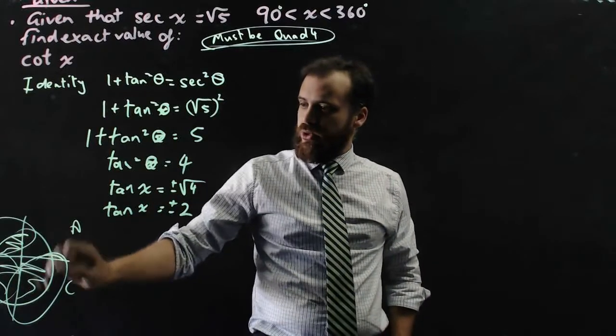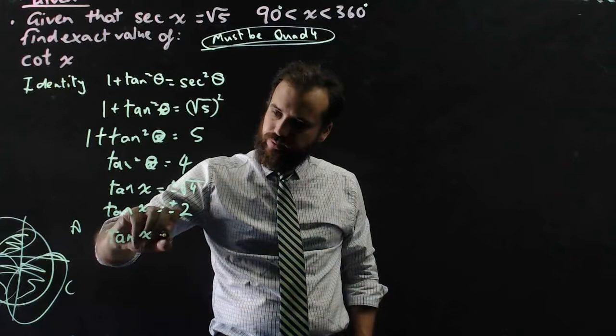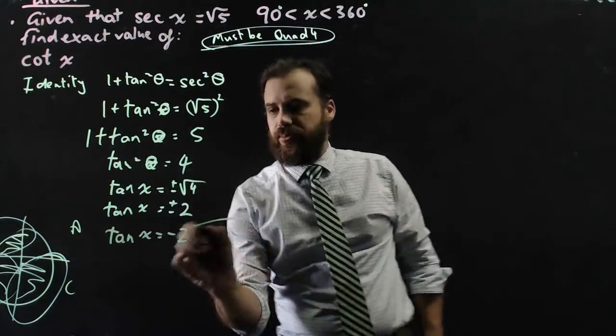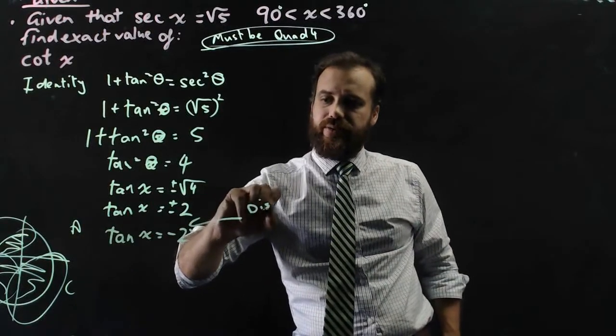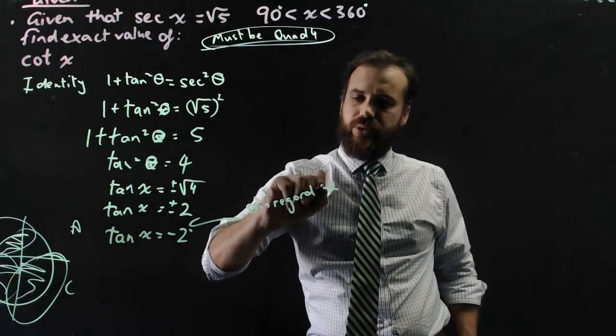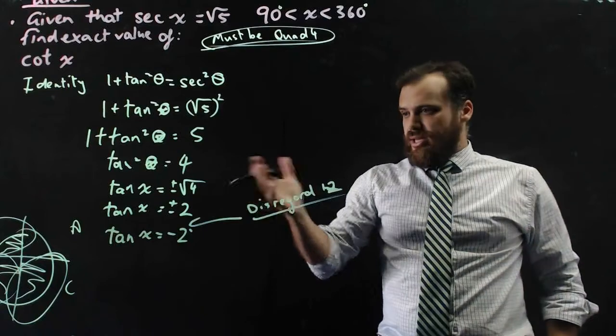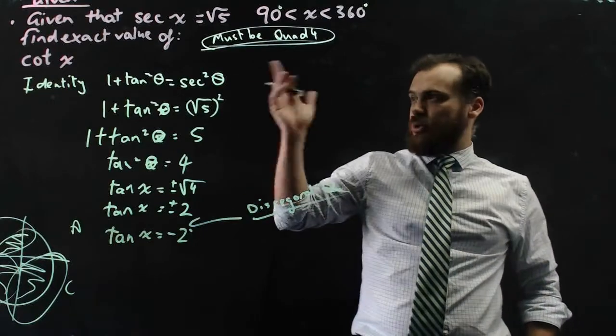In quadrant 4, tans are always negative. So we can put in a little note that says disregard positive 2.